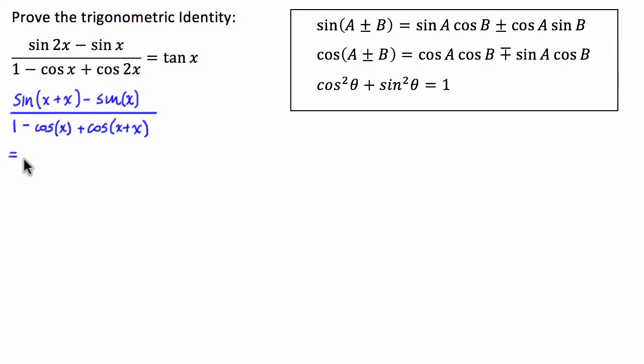This is going to be equal to the sine of x times the cosine of x plus the cosine of x times the sine of x. And then we're going to just minus that sine of x that we've got on the end.